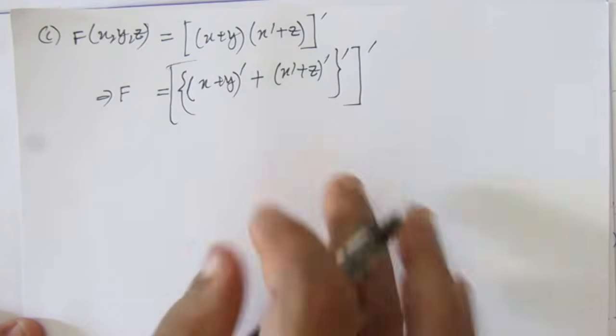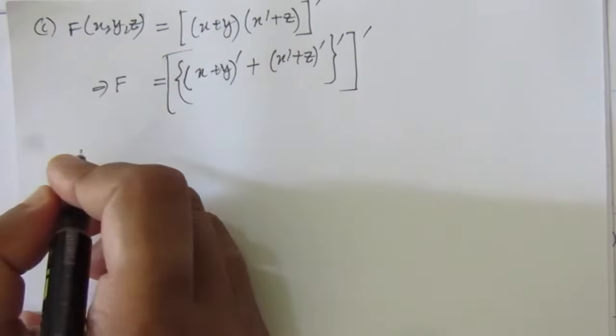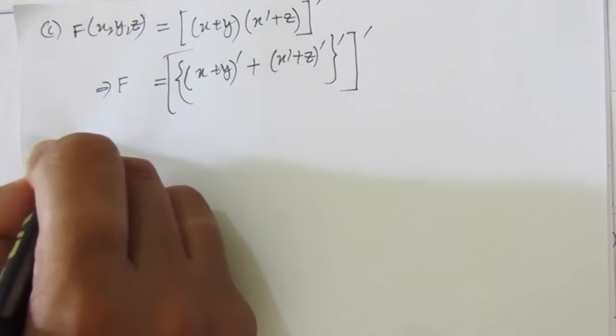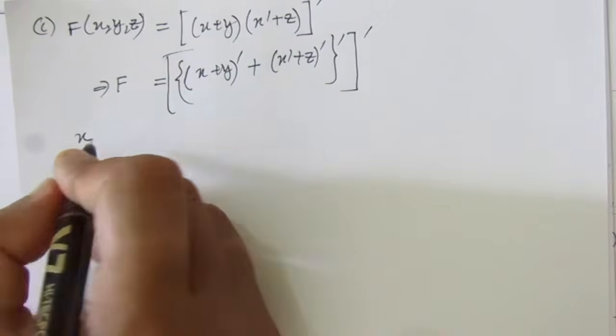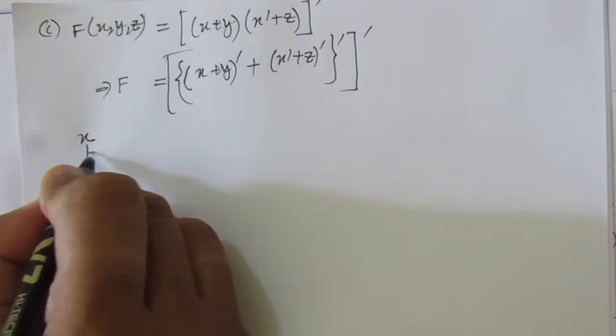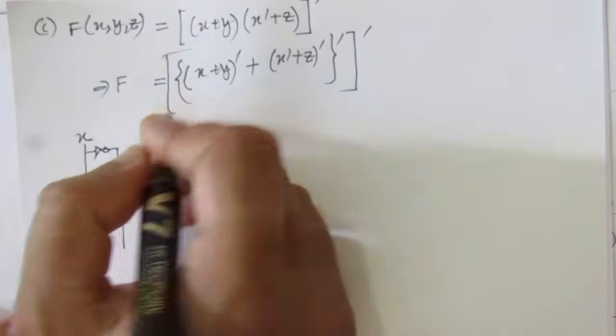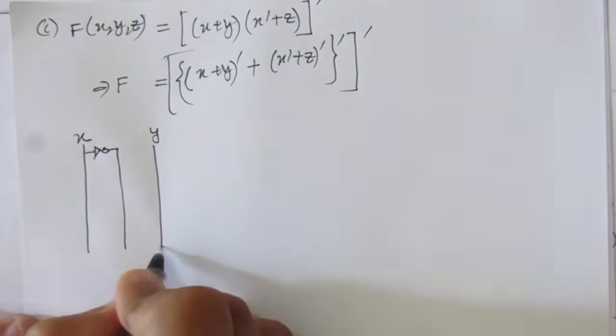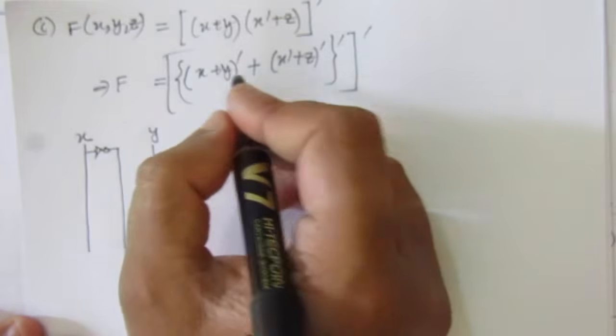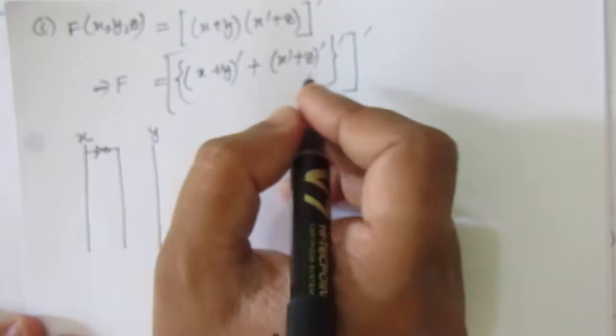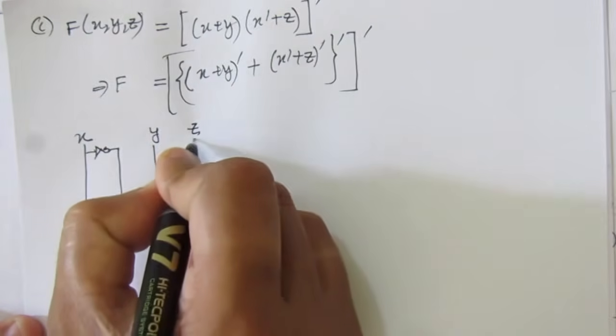Now we draw the logic diagram. The inputs are x, y and z. x bar is also there: x is the input line, we use an inverter and get x bar. Then we have y as only one line, with no need to find y bar because there is no y bar term. Then z, just as it is.